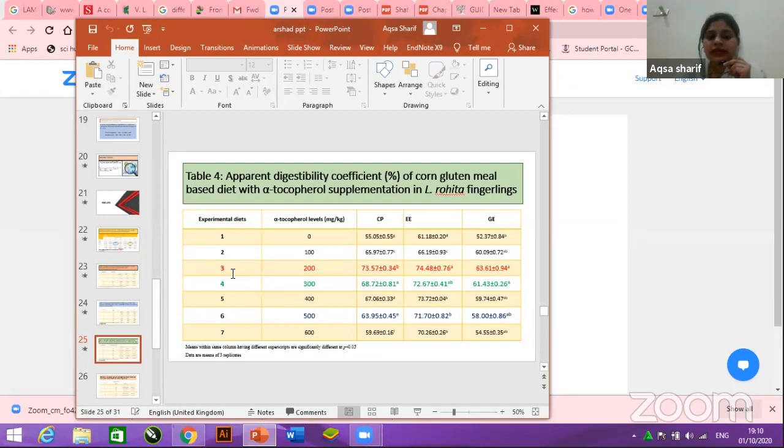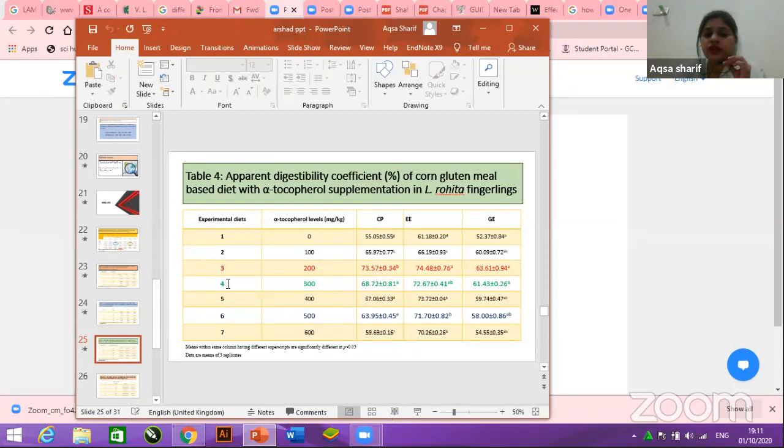So here the test diet 3, having alpha tocopherol level 200, brought about the most striking results, good results in the form of crude protein. Crude protein in the fish was 73%, and it is significantly different from other treatments, as well as the control. And crude fat was 74.48%, and the gross energy was 63.61, and these are the best results compared to the other treatments at the probability level 0.05.